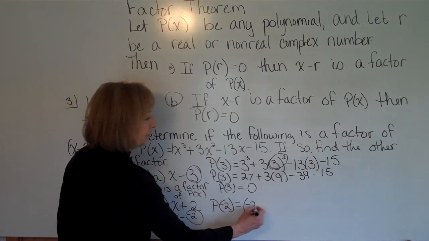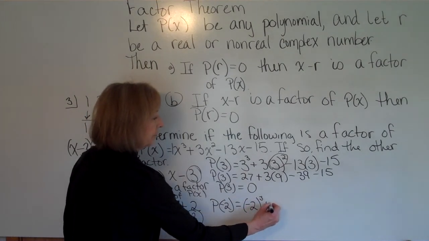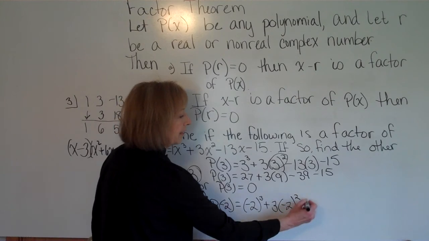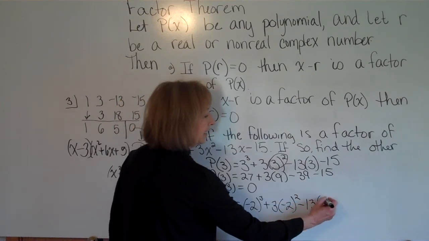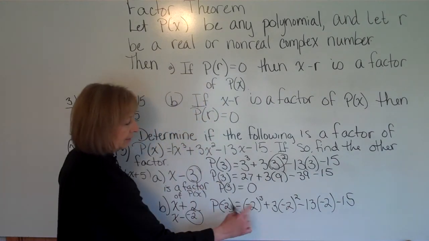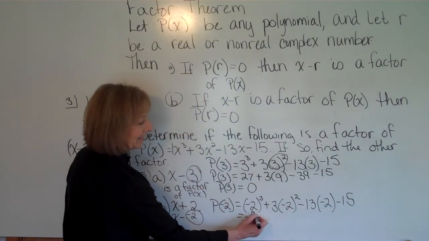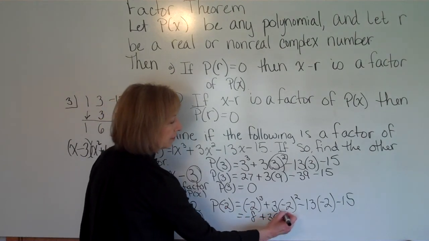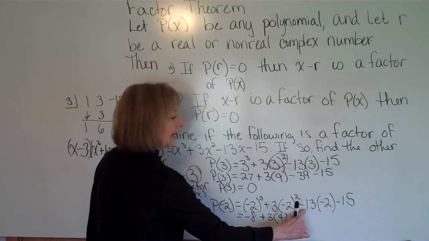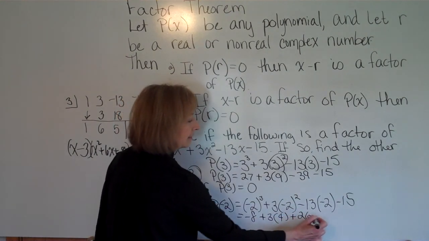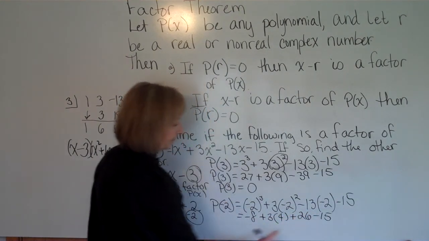So that's negative 2 cubed plus 3 times negative 2 squared minus 13 times negative 2 and then minus 15. So that's negative 8 plus 3 times 4, and then negative 13 times negative 2 is a plus 26, and then minus 15.